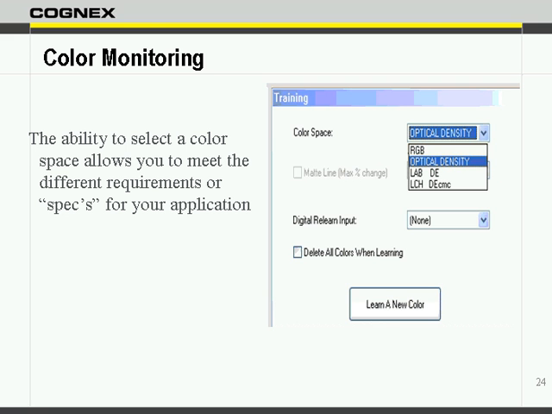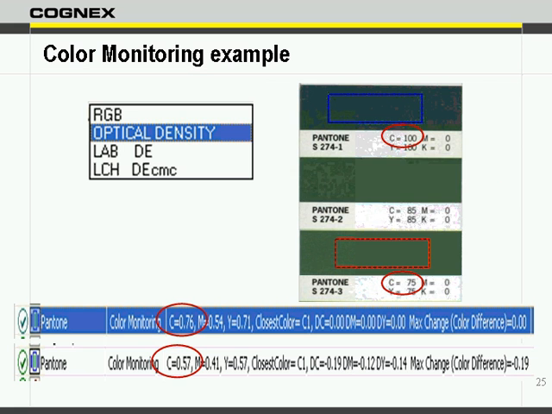Each of these different color spaces might be used in a different industry. So the color space that we use would usually be determined by the application that we're looking at. So we've got optical density, LAB, LCH.